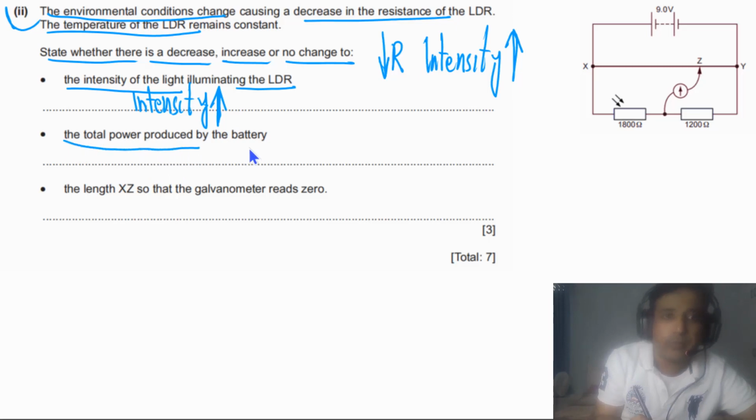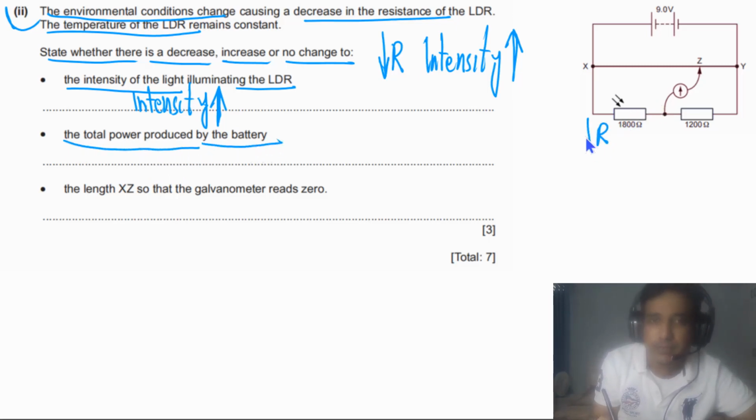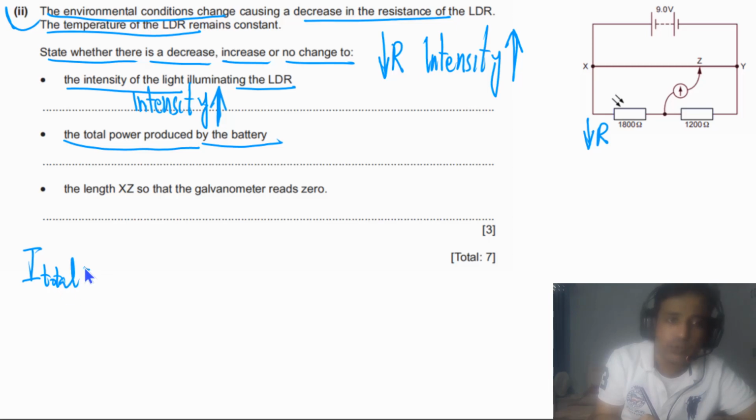The total power produced by the battery. Now in this case resistance of LDR decreases, so it means the total resistance of the circuit decreases. So we can say I total is equal to 9.0 divided by total resistance. As total resistance of the circuit will decrease, it means current will increase.